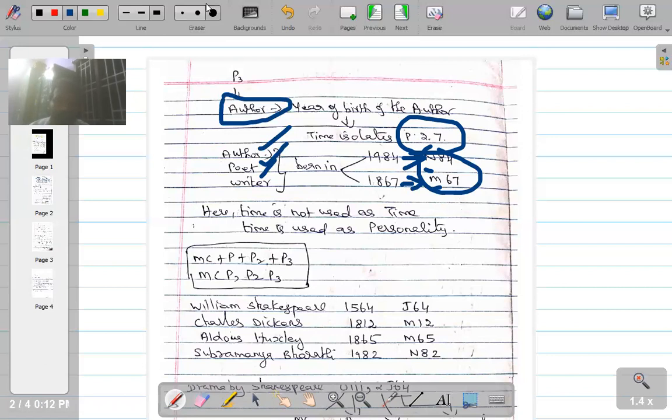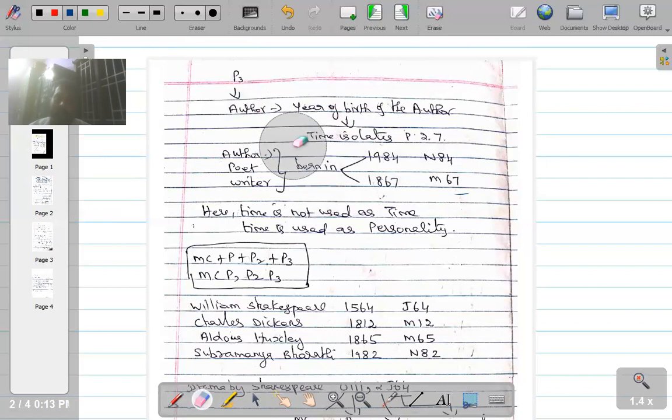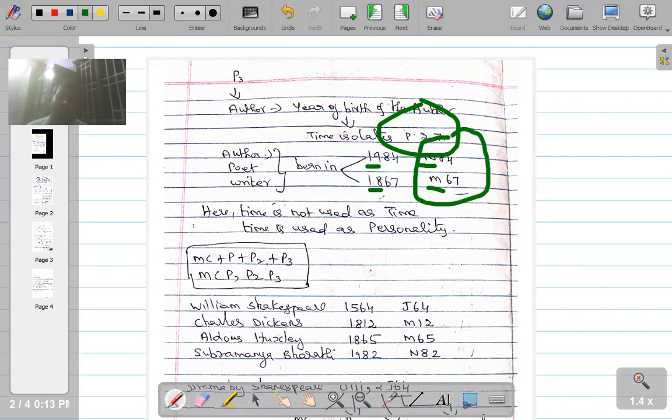The time isolates specify that if you want to denote 19, that is the 20th century, you need to use the alphabet N. If you want to denote 18, that is the 19th century, you have to use M. Based on this alphabet coding scheme, made available as time isolates on page 2.7, I will be converting the year of birth of the author into a particular time isolate number.